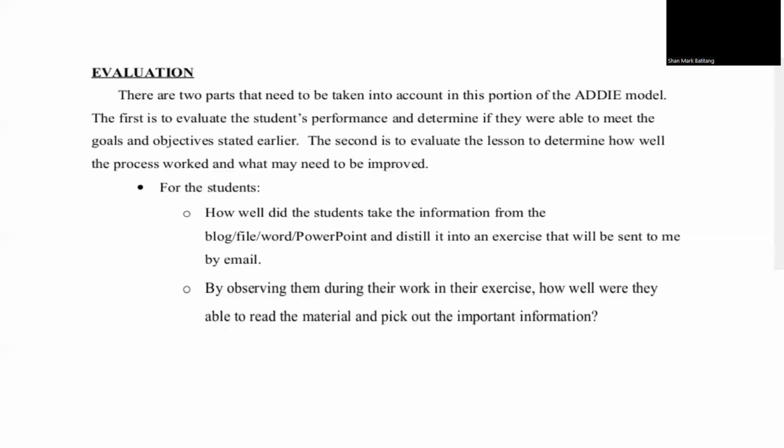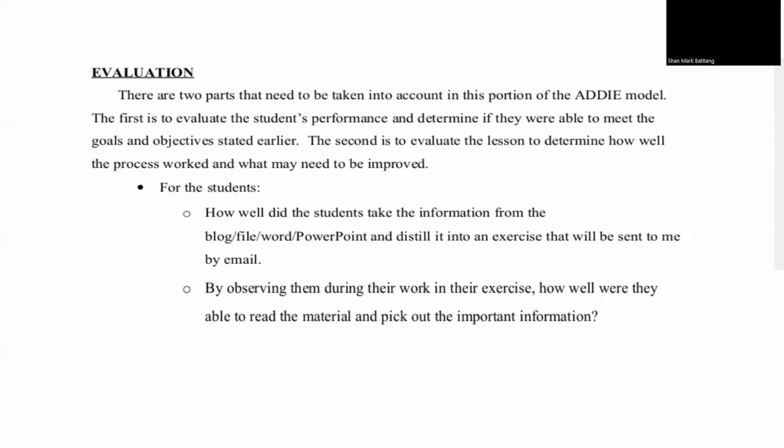For the evaluation, there are 2 parts that need to be taken into account in this portion of the ADDIE model. The first is to evaluate the students' performance and determine if they were able to meet the goals and objectives stated earlier. The second is to evaluate the lesson to determine how well the process worked and what may need to be improved.